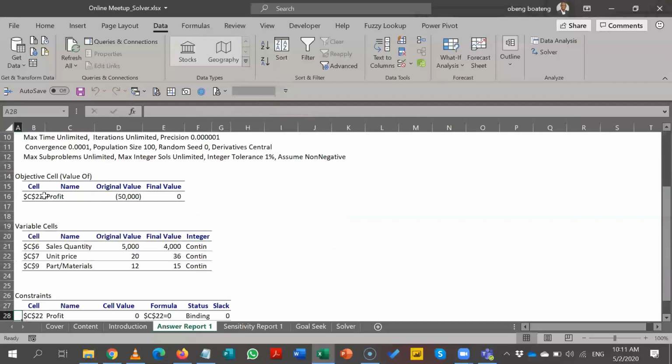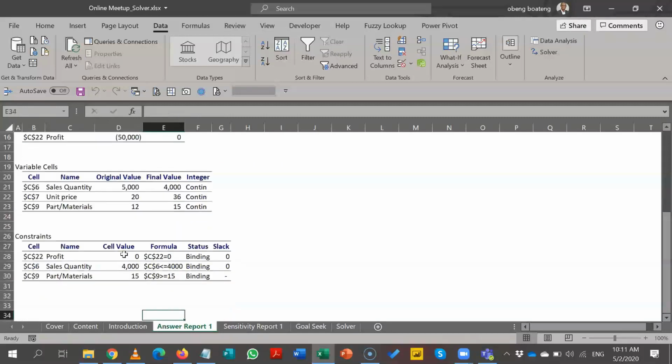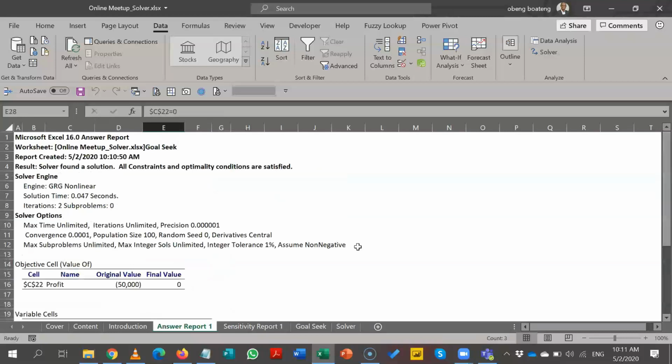My objective cell was originally 50,000. And it has given it a final value of 0. These were my variable cells before and after. These were my constraints. Okay, so it's like a secretary printing out everything that you did for you to further analyze this.